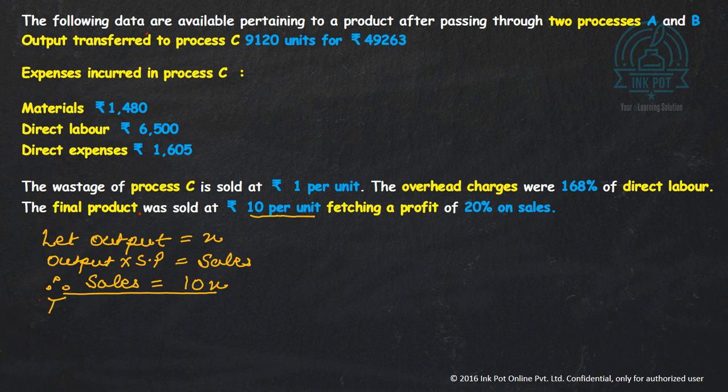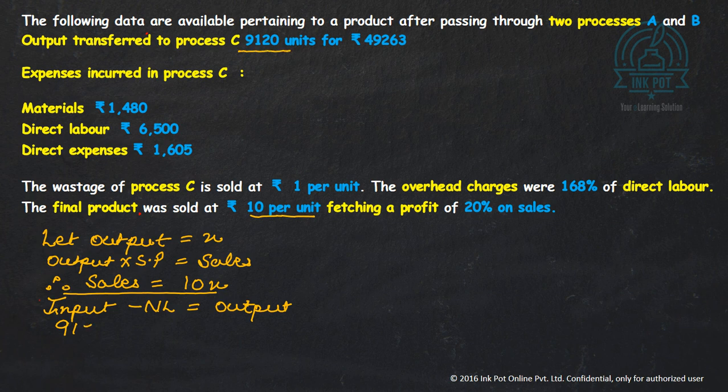We all know that input minus normal loss is equal to output. The units of input are given to us. The input for process C is 9120.